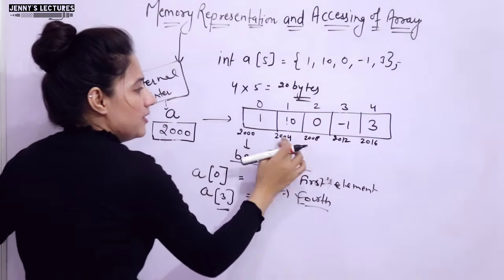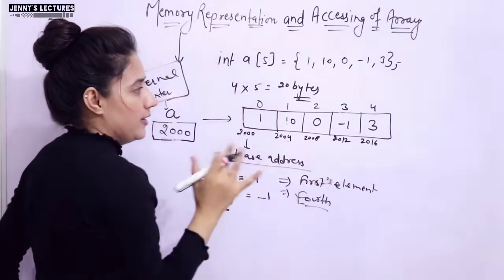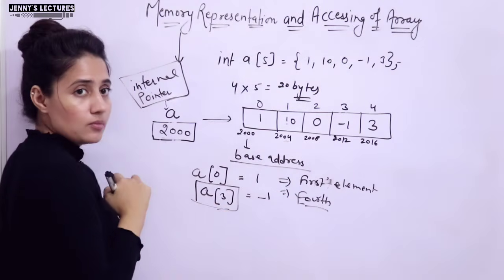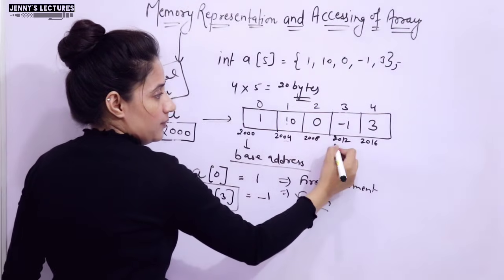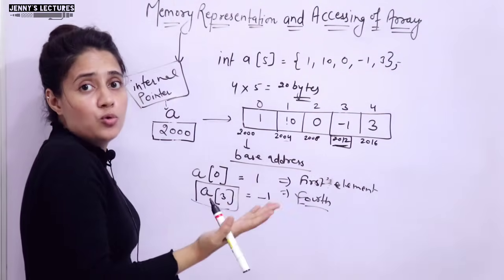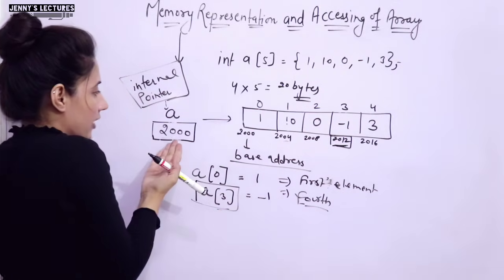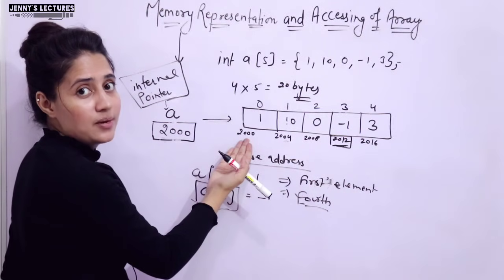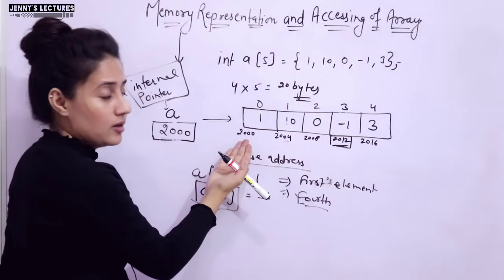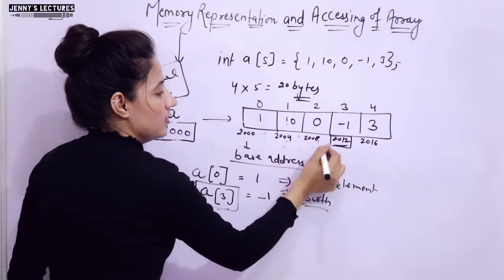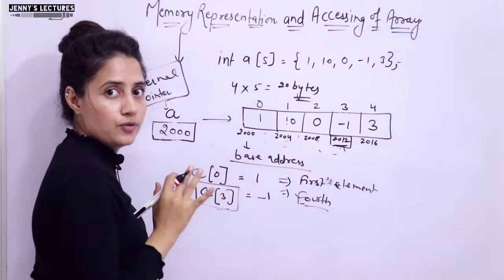Now how is this address to be calculated? If you write in your program A of 3, then how does A of 3 give this address 2012? We only know the base address of the array, meaning the address of the first element. It's not like we first go to the first element, then the second, then the third, and then fetch this element.